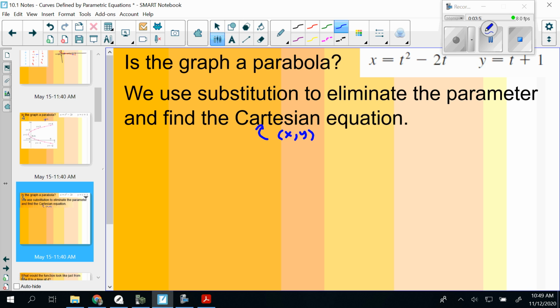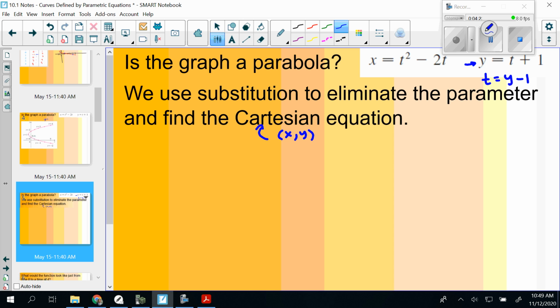We can, and the way we can do it is through substitution. What we're going to do here is substitute one equation in for the other and see if we can come up with that Cartesian equation. If I look up at these functions here, the easiest one to solve for that parameter would be this second one. So if I subtract 1, it tells me that t would be equal to y minus 1.